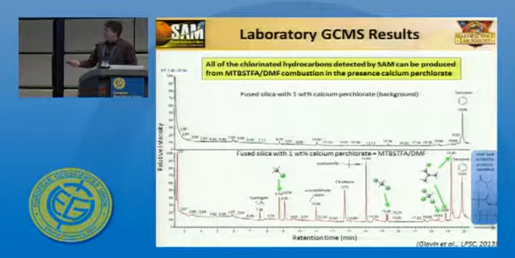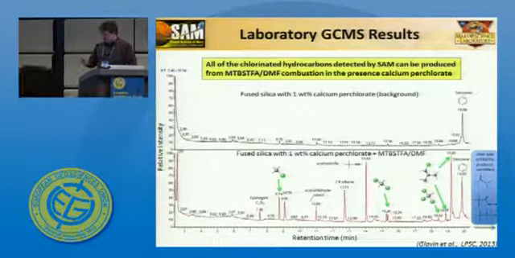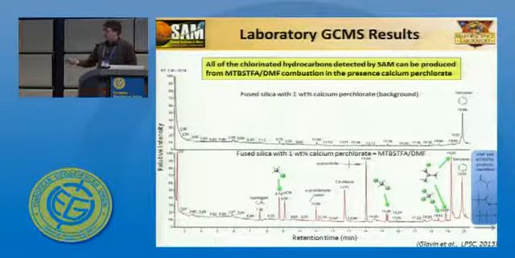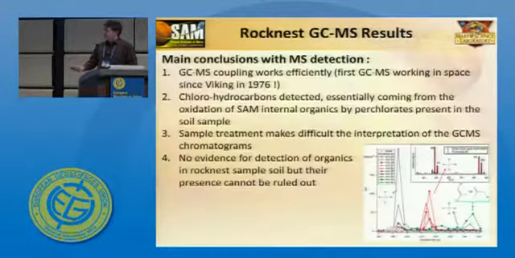And when we put with calcium perchlorate MTBS-TFA, we see numerous peaks here, including the chlorohydrocarbons identified on SAM. So we are quite confident in the fact that the signature of chlorohydrocarbons identified in SAM mainly comes from the reaction of calcium perchlorate with MTBS-TFA.